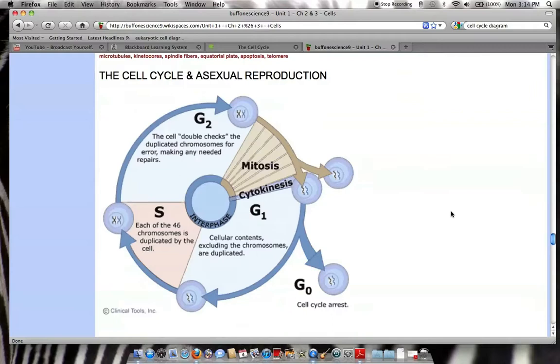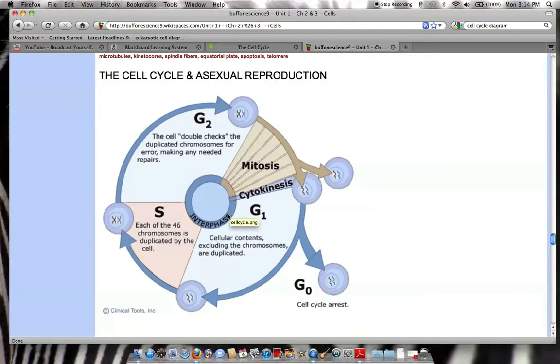Okay, so let's talk about the cell cycle. This basically is the life of a cell, just a general discussion of the life of a cell. Notice here we have interphase.